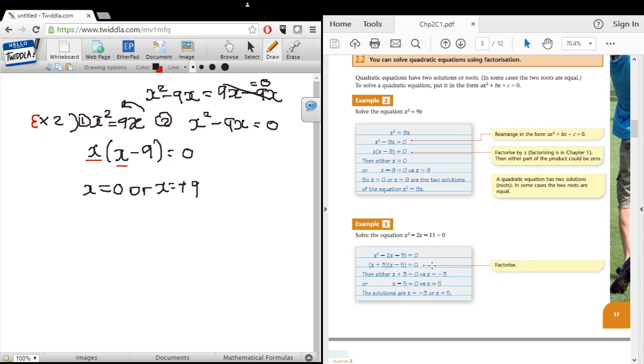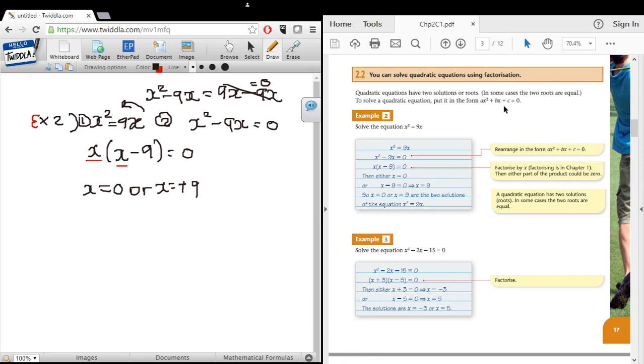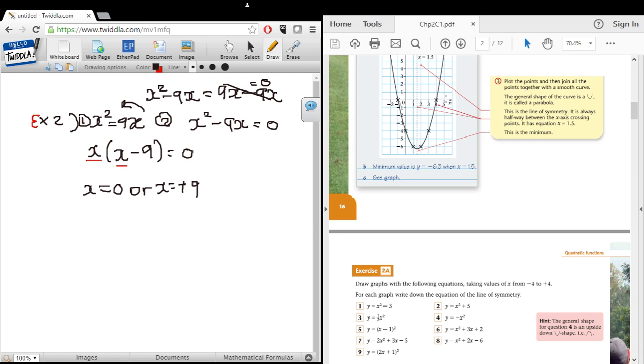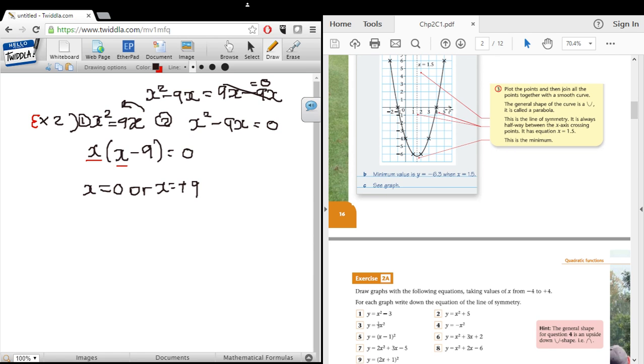Once again, the reason why we have 0 on the right hand side is because when you come to plot a graph, like here, you'll realize that 0 is where the graph crosses the x-axis. So remember, at this point here, on the y-axis, we have that x is equal to 0.